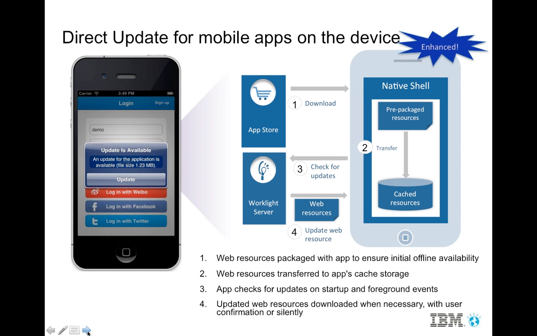And you'll remember that we deploy the Worklight application code to the Worklight server as well as part of our deployment. And so if we want to force an update of an application, we can just upload it onto the Worklight server. The next time an end user comes in and tries out the application, they will be prompted for an update. You can see the screenshot there on the left. Update is available. They can go and pull that down, and their application is actually up to date.